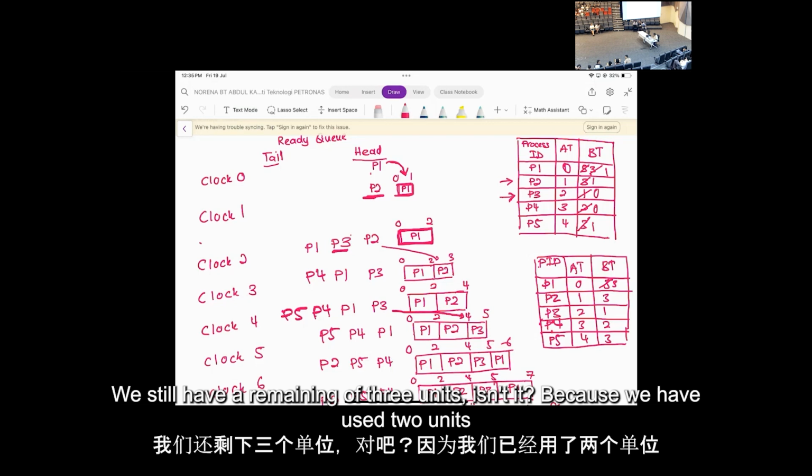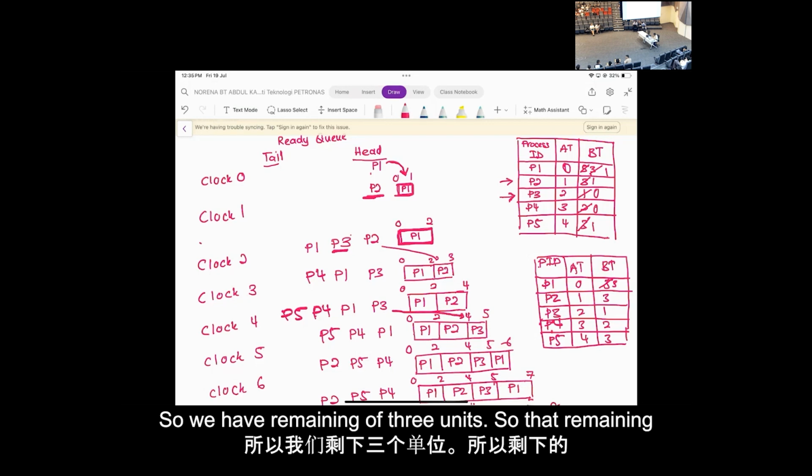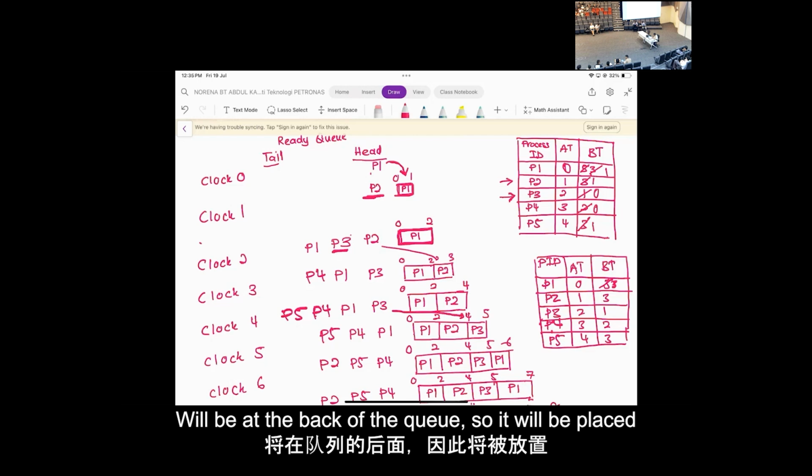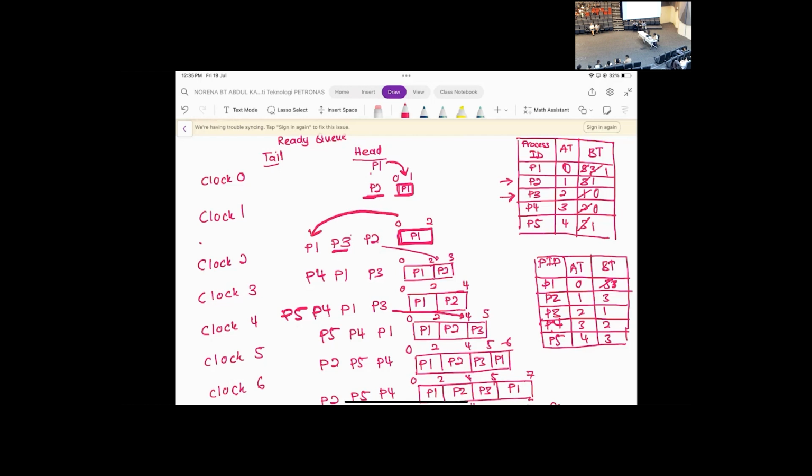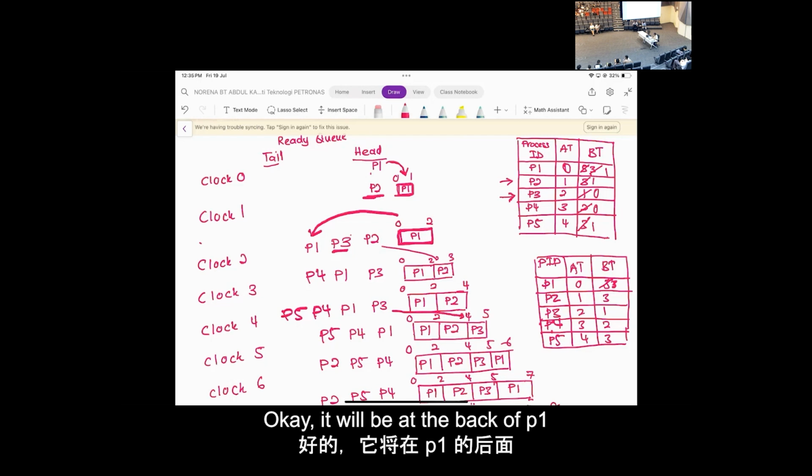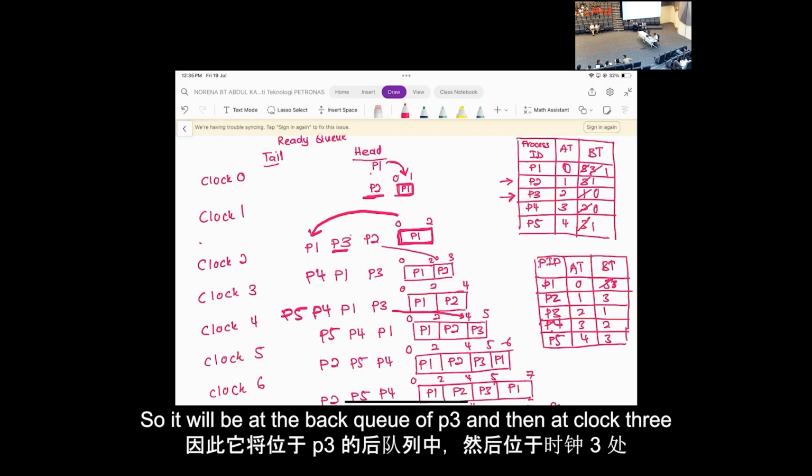Because we have used 2 units, so we have a remaining of 3 units. That remaining will be at the back of the queue, so it will be placed after P3.